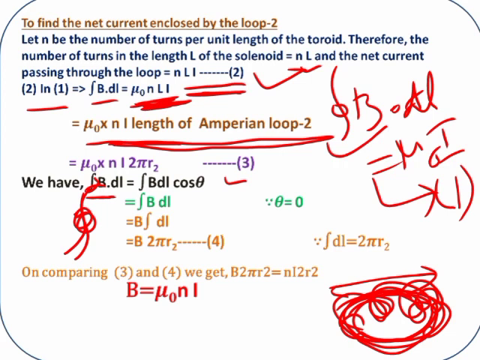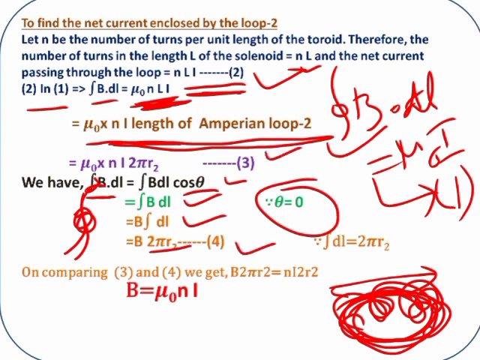But here theta is equal to 0, so the angle between B and dl is 0, and if we substitute the theta value, we will get 1. So integral of B dl, B you have to take out, integral of dl. What is dl? 2 pi r2, that is the length of loop 2. So this is equation number 4.